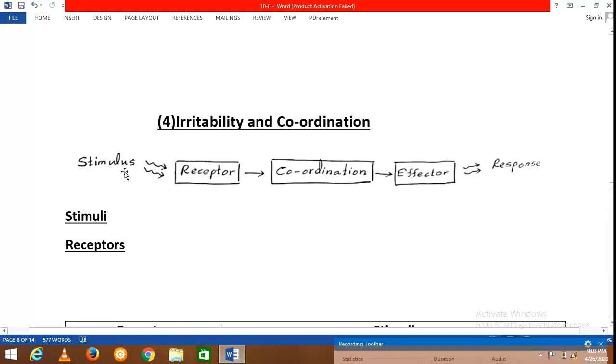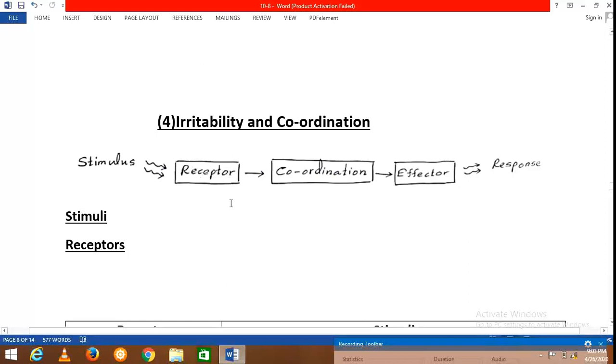So once there is a change, or once we obtain a stimulus, actually that is obtained by the receptors in our body. There are 5 receptors, or what we call sensory organs. These are the organs which detect stimuli. The organs which detect stimuli are known as receptors or the sensory organs.